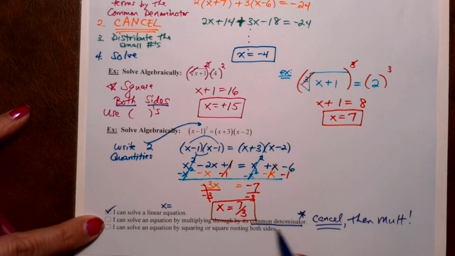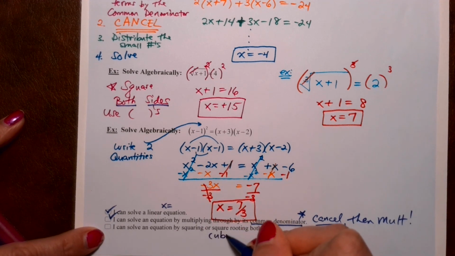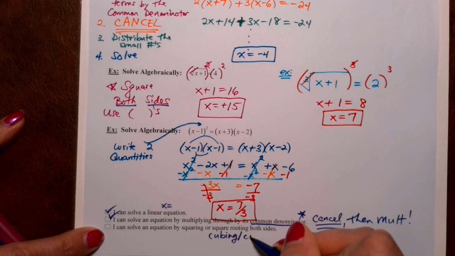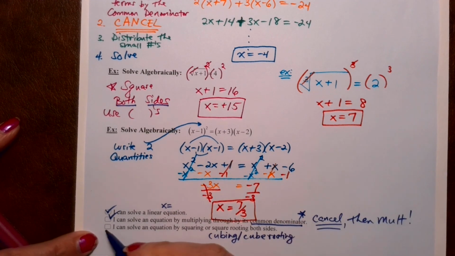The reason you're picking the common denominator is it's going to cancel out and get rid of the denominators. And finally, I can solve by squaring or square rooting both sides. Or we could even say cubing or cube rooting both sides, because we did that as well. Great job.